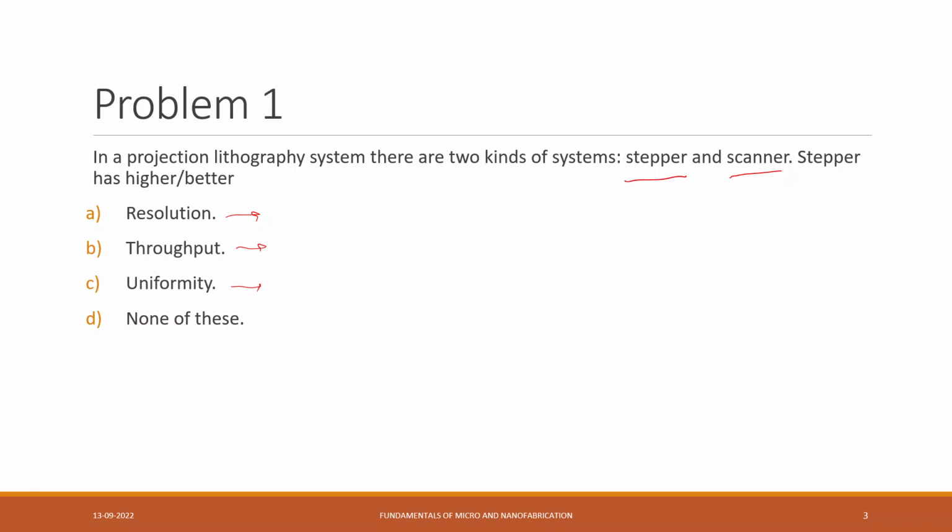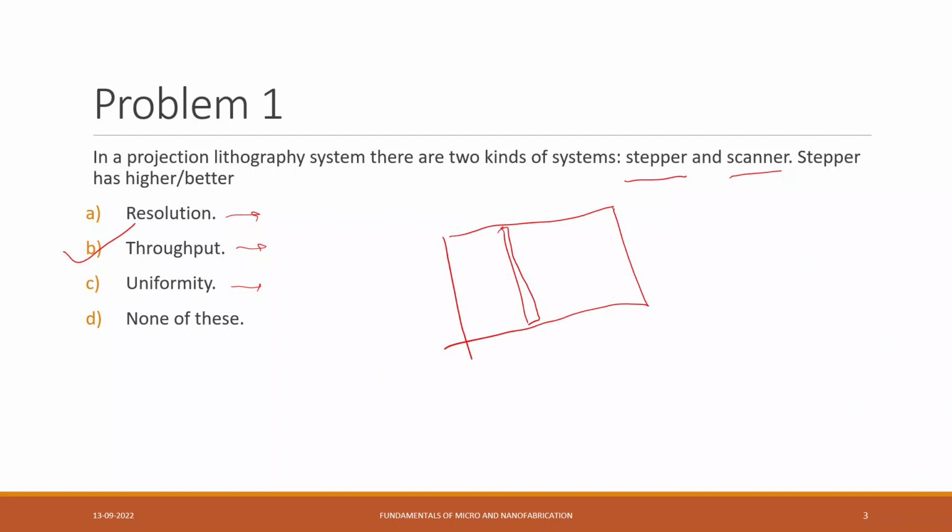Yes, you are correct that throughput is the correct one, because in scanner we have a slit between the light projection system and the photoresist.